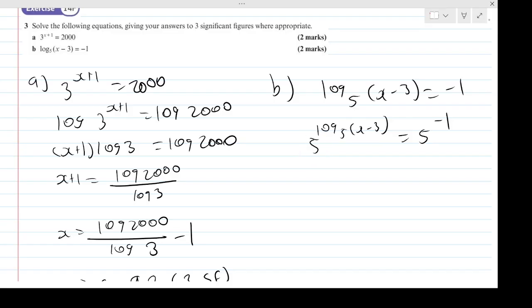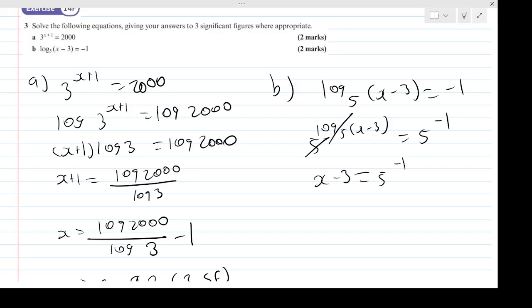Well, actually, we discussed that exponentials and logs are inverses, right? Which means the base, because the log is being raised by 5, right? So that means because they're the same base, they effectively cancel. So the exponential 5 cancels with the log 5. So effectively, I'll just get x minus 3 is 5 to the minus 1.